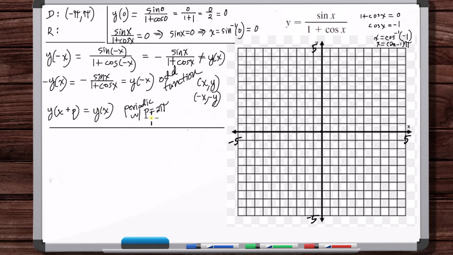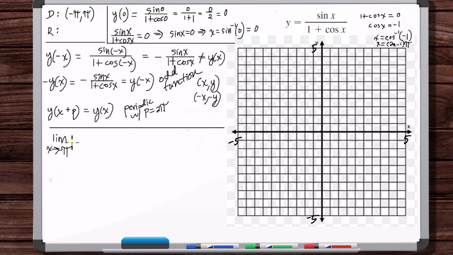All right. Now let's do endpoint behavior. We take the limit as x approaches each of the endpoints. So let's start with the limit as x approaches minus pi.